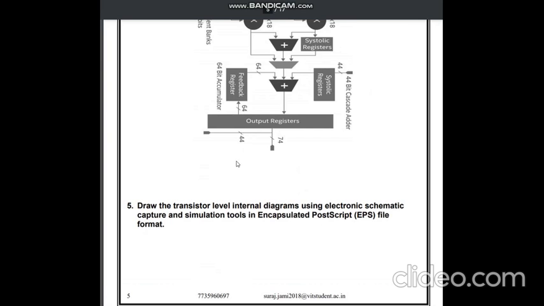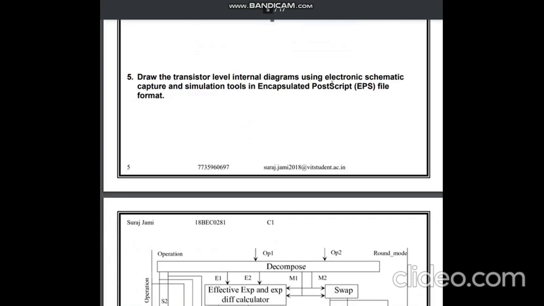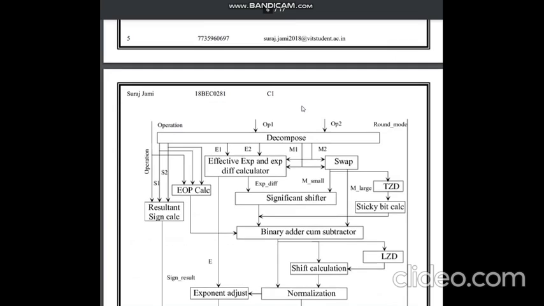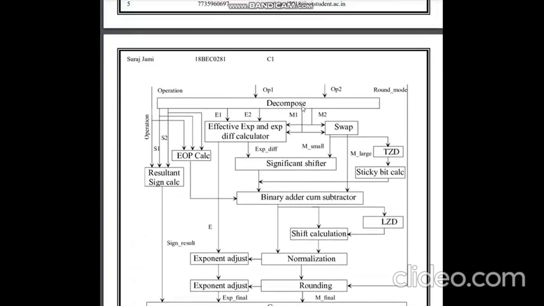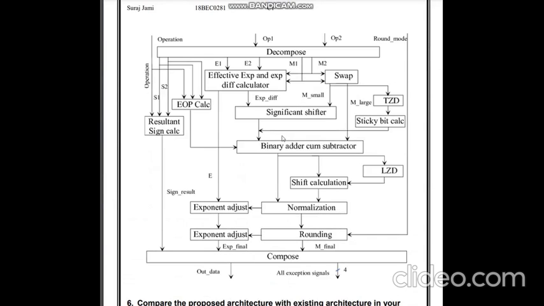Let's go to the fifth question: draw the transistor level internal diagrams using electronic schematic capture and simulation tools in EPS file format. In this diagram, the first block is the decompose block. There are operation 1 and operation 2, and then the effective operation and exponent difference calculator.